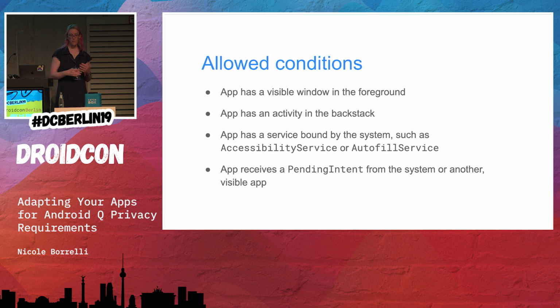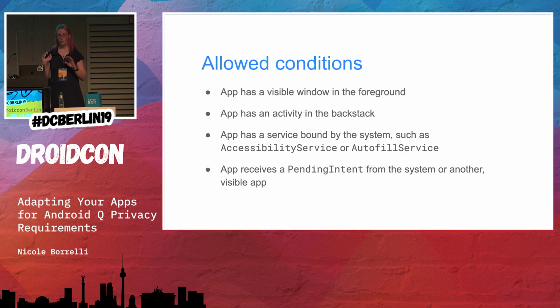There are a number of different exceptions for when you can launch activities from, like, a broadcast receiver or a service, even in Q with the restrictions. The most obvious is if you have a window that's visible in the foreground.